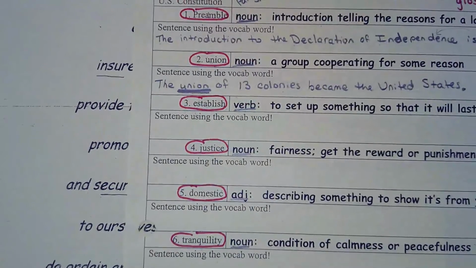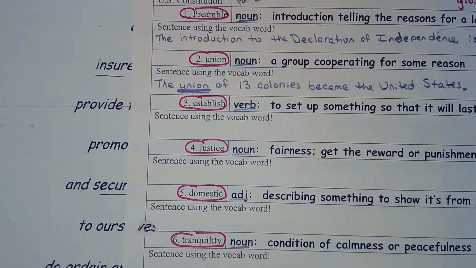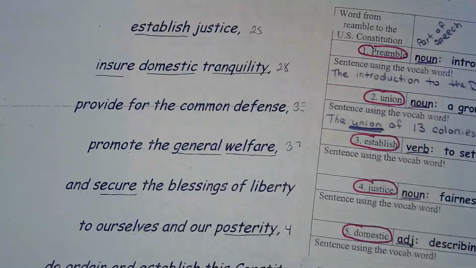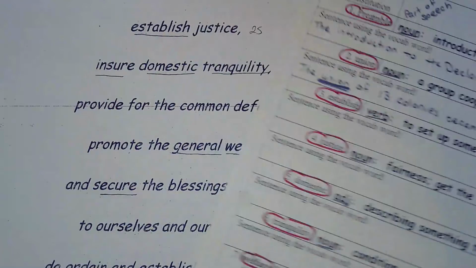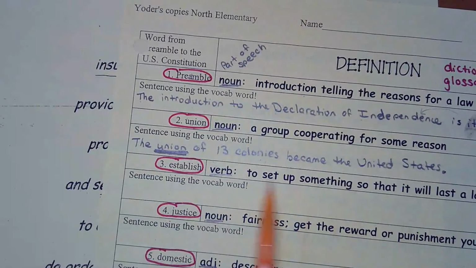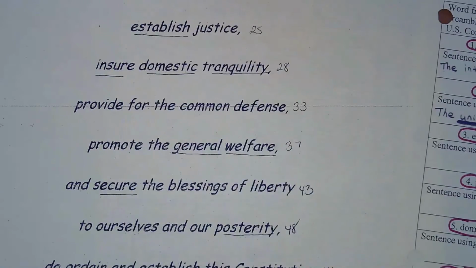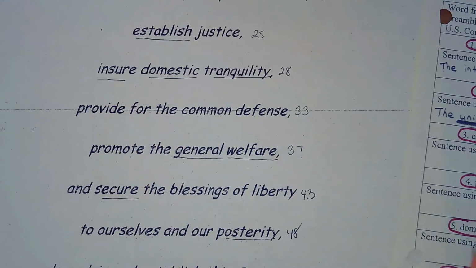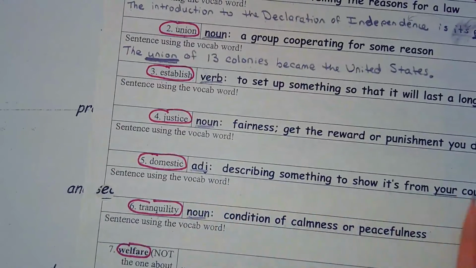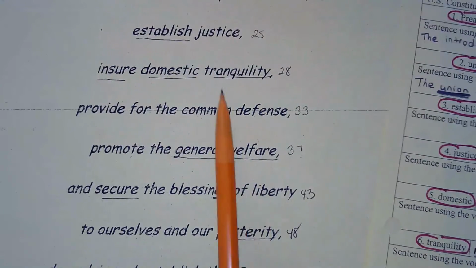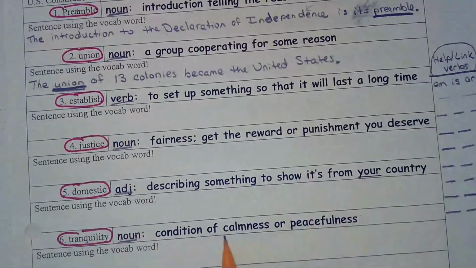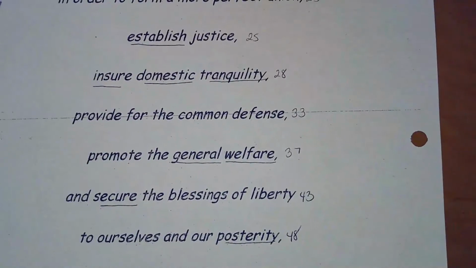Ensure. Oh, I didn't have you look that up. Ensure means similarly to establish. So again, set it up so it'll last a long time. Make sure that it will happen. Ensure domestic, okay, in our country, in the United States, tranquility, calmness, peacefulness.